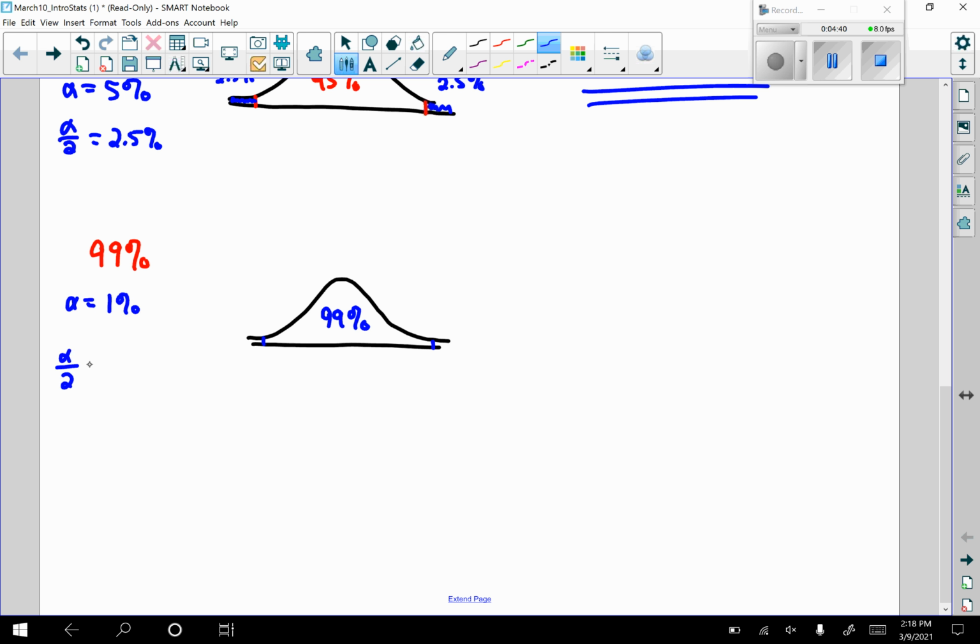Alpha over 2 is going to be 0.5%. So this little bit right here and right here, this is 0.5%. So our z sub alpha over 2, again, if we go back to menu 553, we need to type in 0.005, and we should be getting a 2.58.